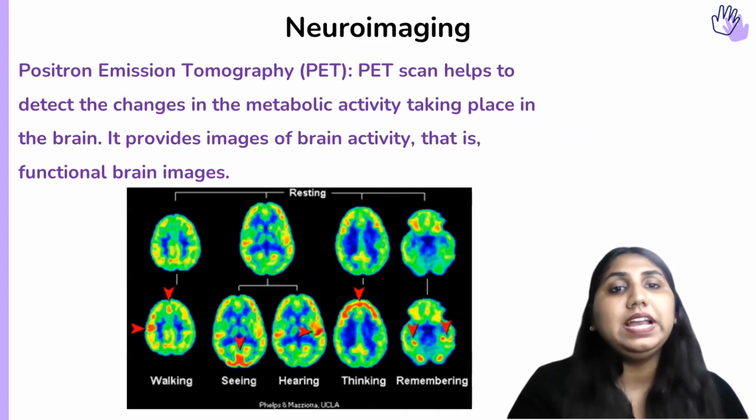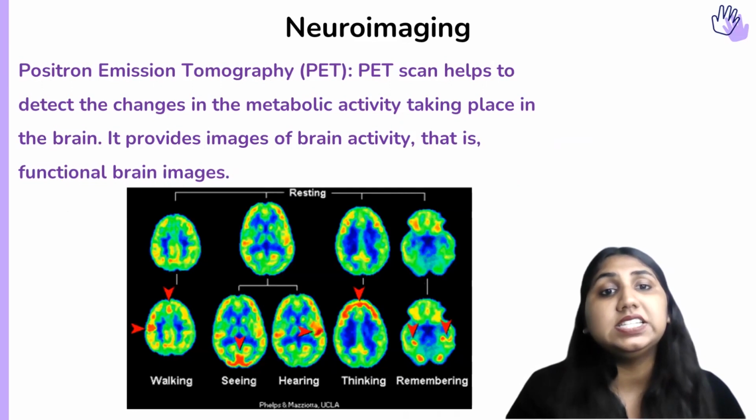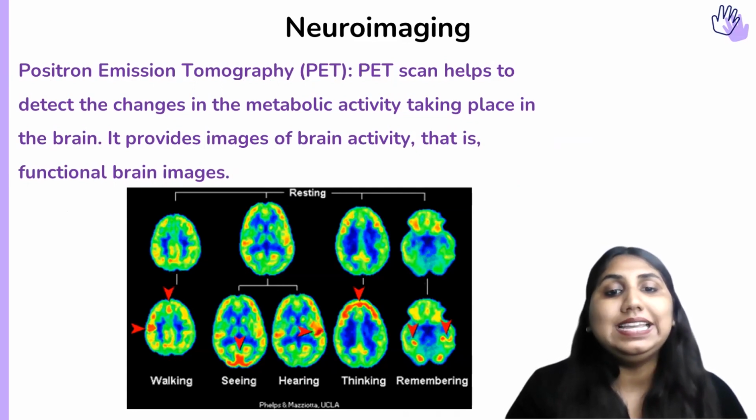Okay. Moving ahead, next we have PET. PET helps us in detecting the changes in the metabolic activity of the brain. As you can see in the image, there are different colors, red, green, yellow, which help us understand when the brain is at rest.